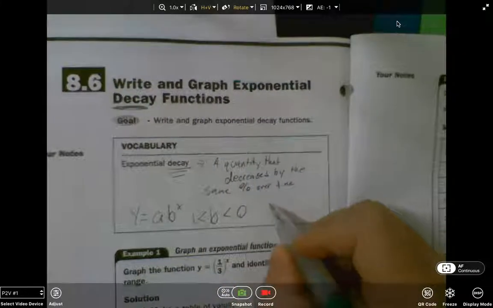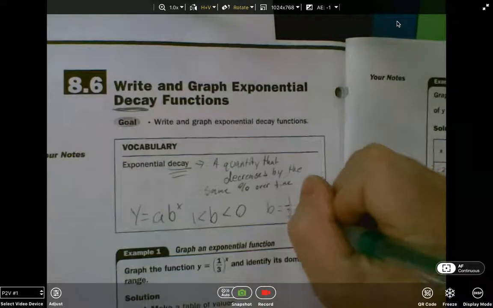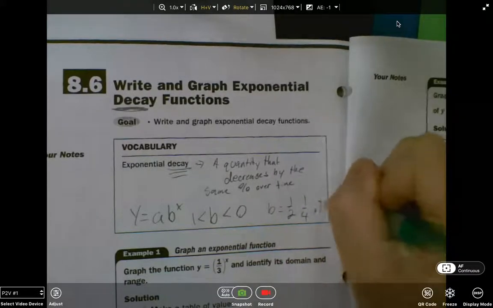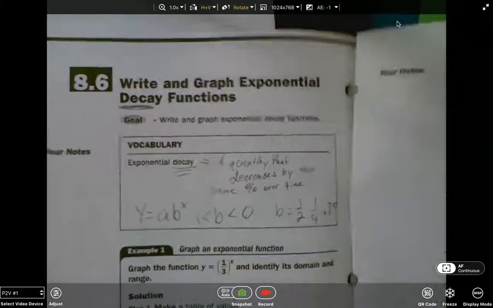So basically your b value will be something like 1/2 or 1/4 or 0.75.